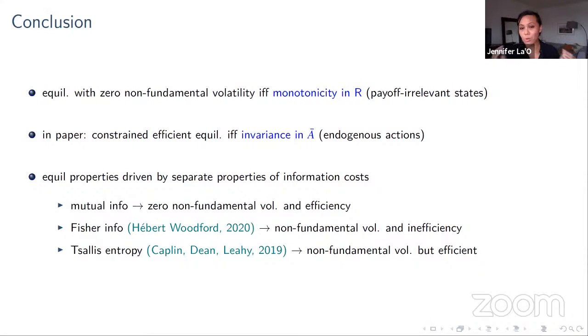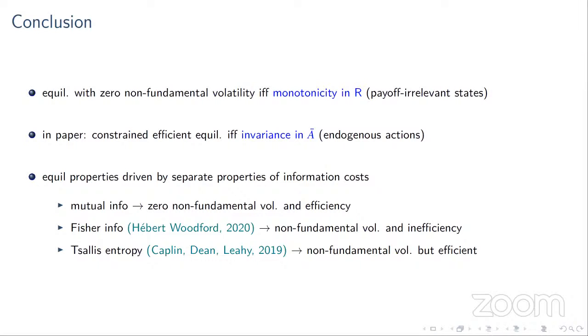Now, suppose you all of a sudden take away cost functions that are invariant in A bar, and you now have externalities on this side. Agents don't take into account how their actions affect the aggregate action, and that now affects everyone else's cost of information.